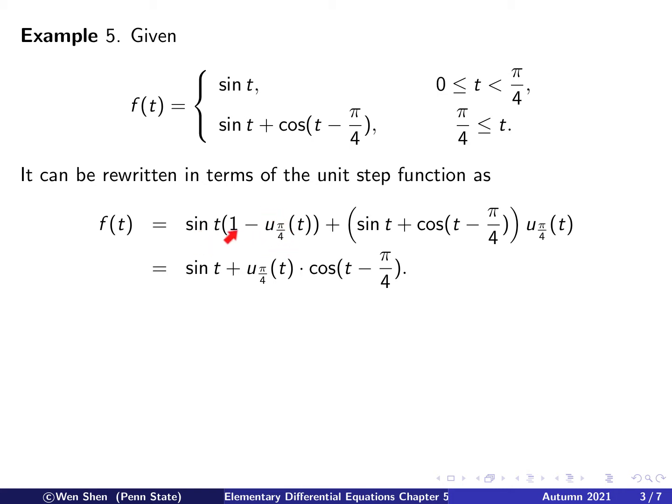So sine t times 1 is by itself, and then for the step function, you will have a negative sine t and all this. If you add the negative sine t here, it cancels the sine t, and you only get the cosine here. Therefore we have this expression.